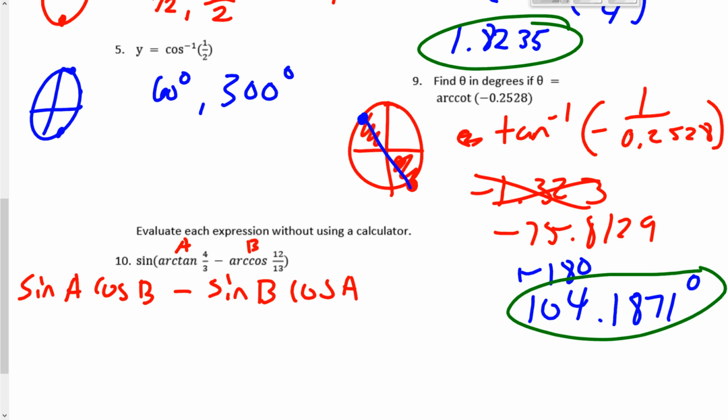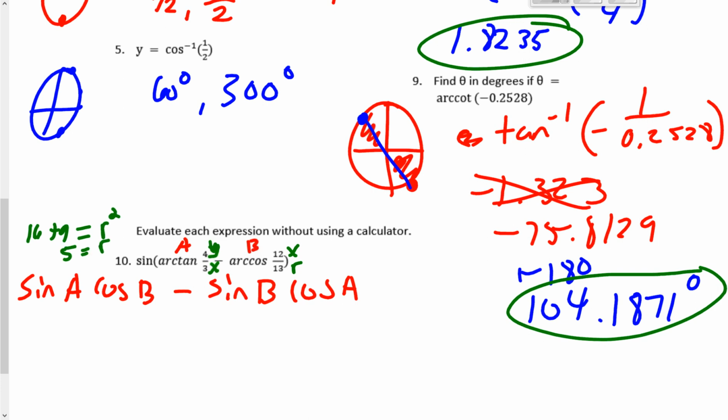That means tangent goes with, so this would be my y, this would be my x, and then cosine is x over r. So we could use the Pythagorean theorem on both of these. And 4 and 3, if I square those, I get 16 plus 9 equals r squared, so that's 25, so r equals 5.